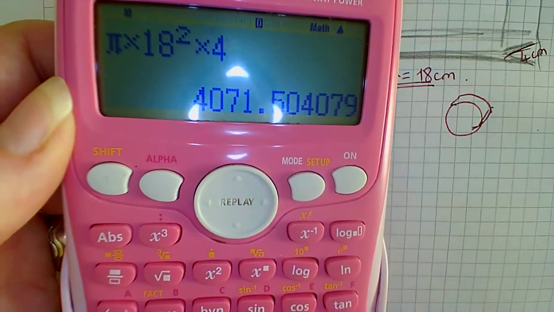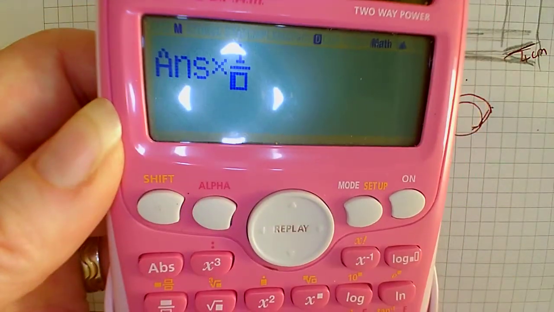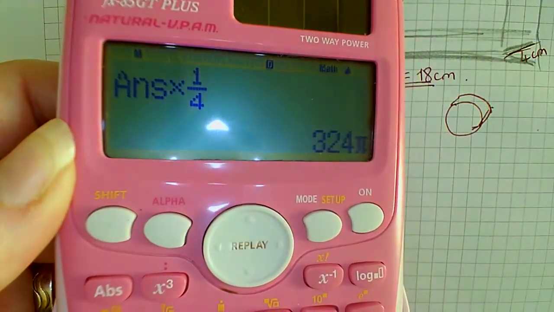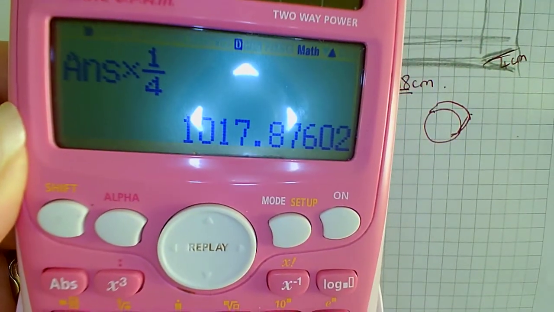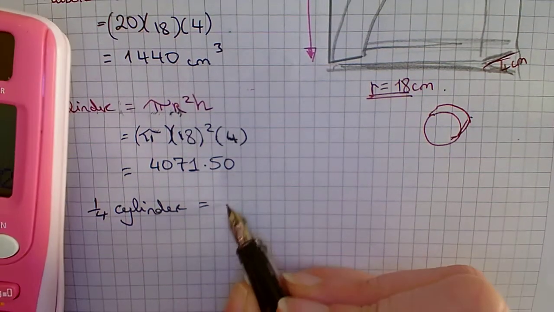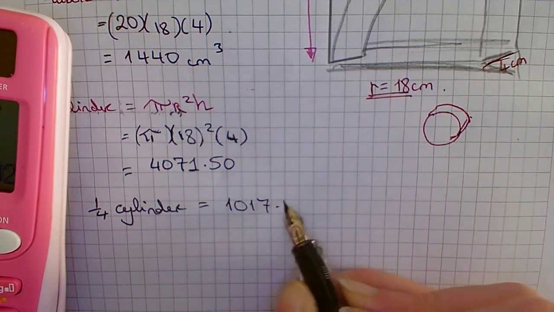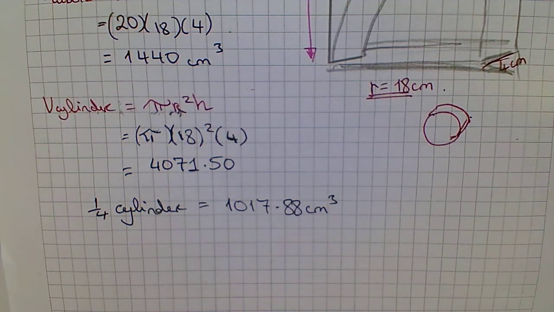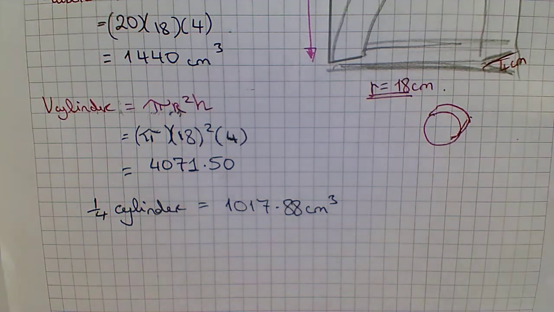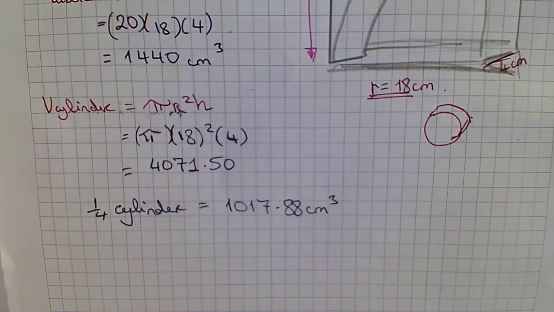Is this divided by 4 or multiplied by a quarter, whichever way you prefer to do it, and change that, 1,017.88 centimeters cubed. Let me just check the format that they wanted the answer in. They just said the total volume. So we could have left our answer in terms of pi. We could have gone to any number of decimal places. But when they don't specify, 2 decimal places is always appropriate.